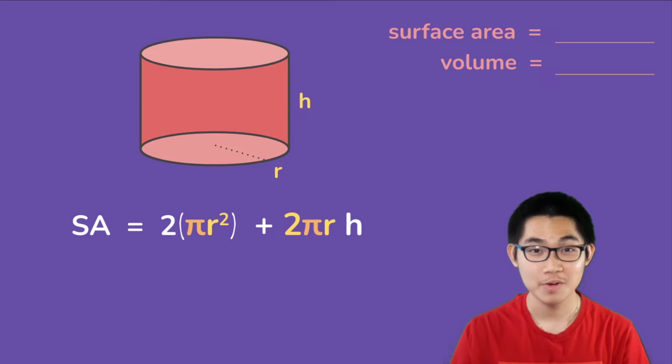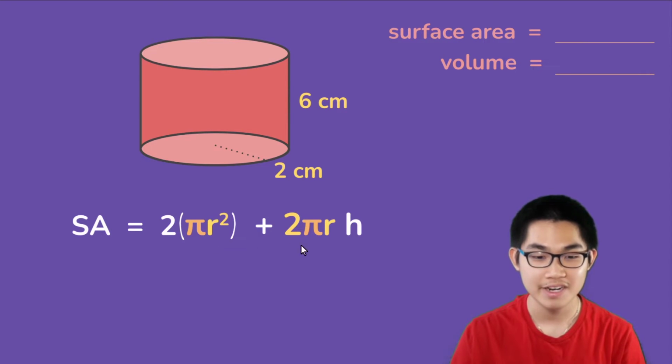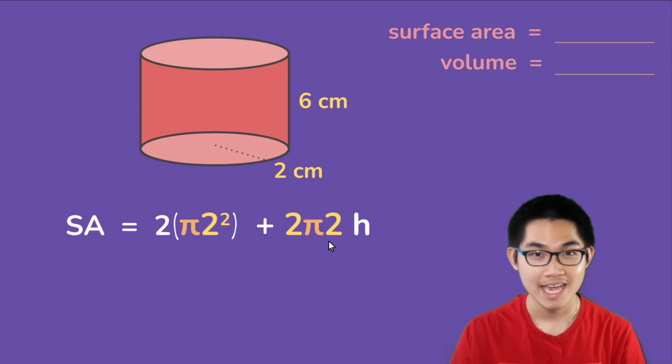For example, if we have a cylinder with a radius of 2 centimeters and a height of 6 centimeters, what is the surface area? So we can use the formula, and we know that r is 2. So we can substitute the number 2 into the variable r here and here. And same thing for the height. The height is 6 centimeters.